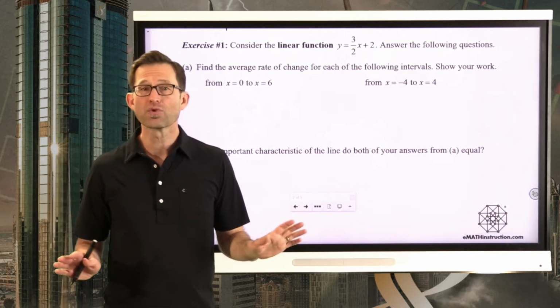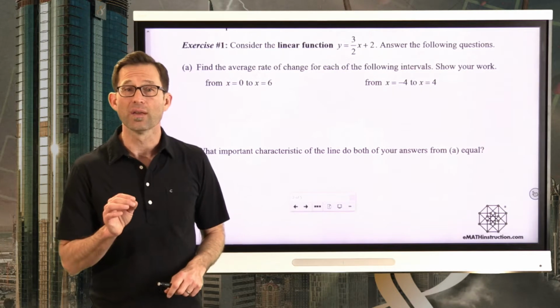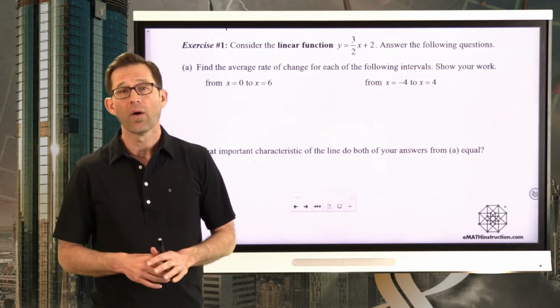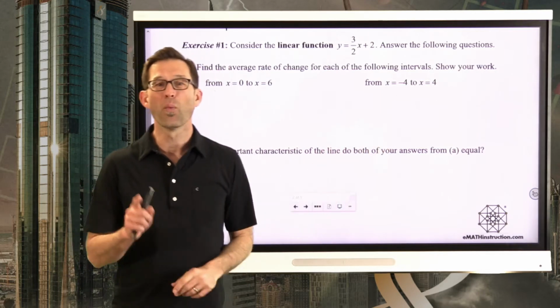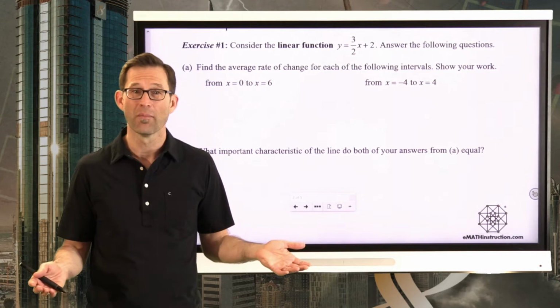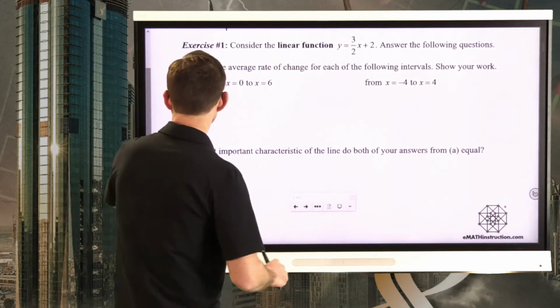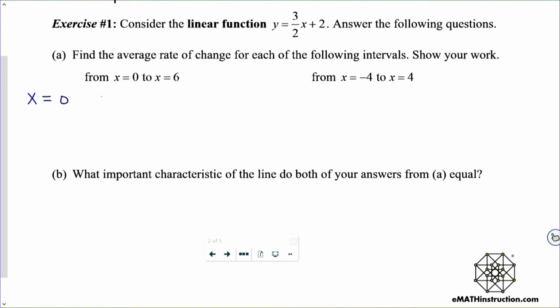Now remember, average rate of change is the change in the function's values divided by the change in the input values. Unfortunately, we're given the 2 input values in both cases, but we have to calculate the output values before we find the change in the output. So let's do that together in letter A. When x is equal to 0, y is equal to 3/2 times 0 plus 2.